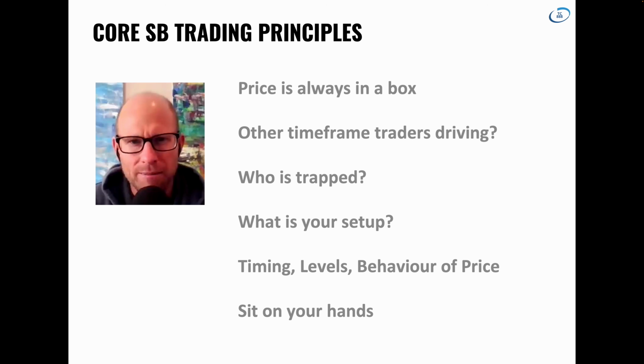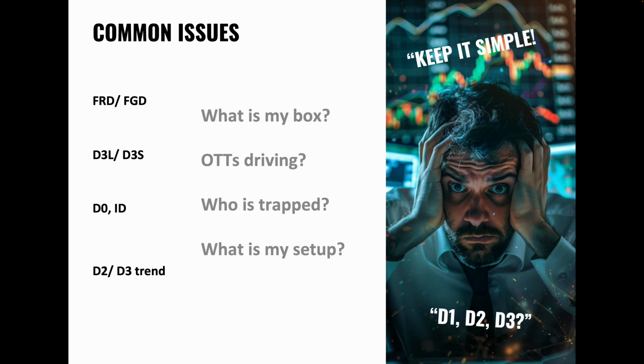And now let's look at what the difficulties are that traders are facing trying to trade that. So the common issues are, as I just said, what is my box? So really identifying what is the logic, the highs and lows to follow in a specific moment to identify bias and levels to trade from.